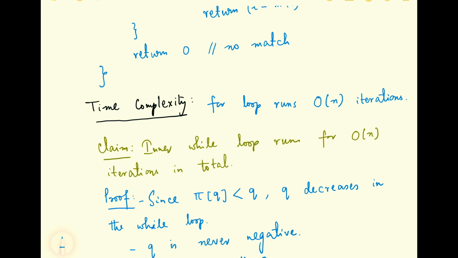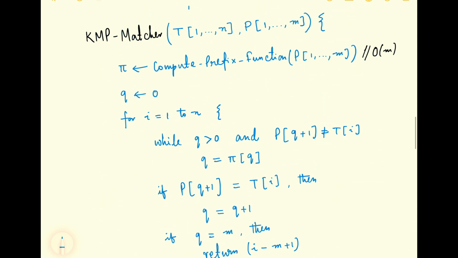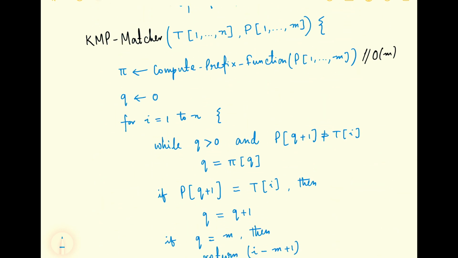You assume that this prefix function can be computed in order m time, and first understand this KMP matcher with the analysis. Once you are confident with your understanding of the KMP matcher, then you go and see that the same idea is used while computing the prefix function.